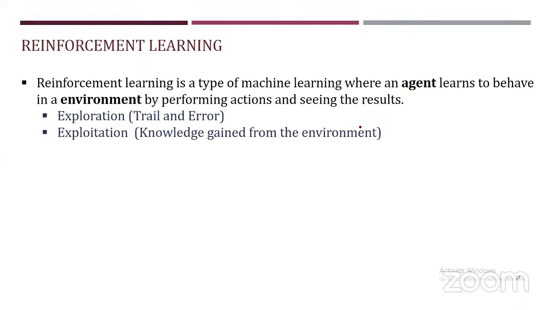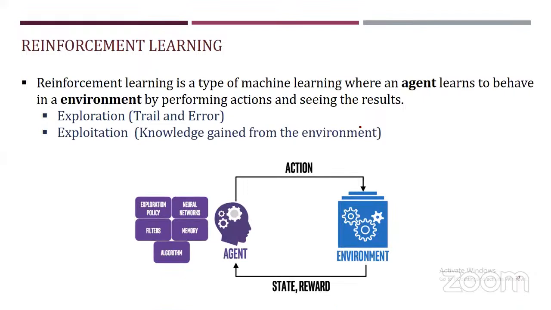Coming to reinforcement learning. Basically, reinforcement learning is based upon the concept of exploration and exploitation. All your learning process is going to be driven between these two. Exploration means trying a completely different dimension, discovering a new dimension.